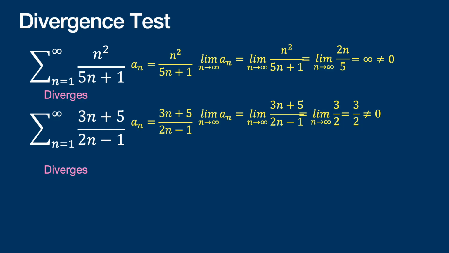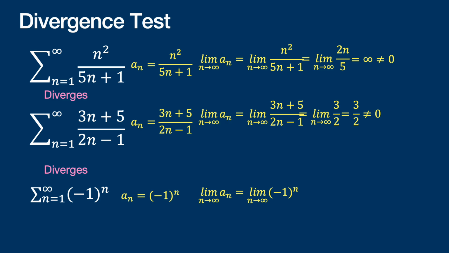So the divergence test says the series is going to be divergent if the general term is not going to 0. Another example, this one, negative 1 to the n. a_n is going to be negative 1 to the n. That's alternating. What happened, guys? We want to find the limit of a_n, which means the first term is negative 1, 1, negative 1, 1.